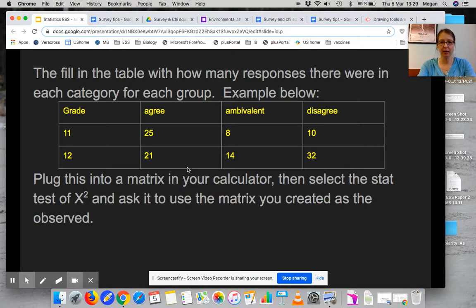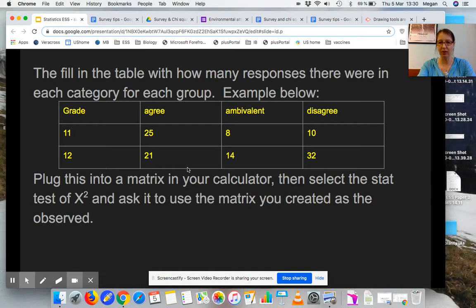Okay, so you're going to plug a matrix into your calculator. You need a 2 by 3 matrix. After you have the matrix filled in, you'll probably have it as matrix A. And then you're using your TI calculator, I hope. You go to the statistical functions, you choose stats, and you choose the test column, and you scroll down and choose the chi-squared test.